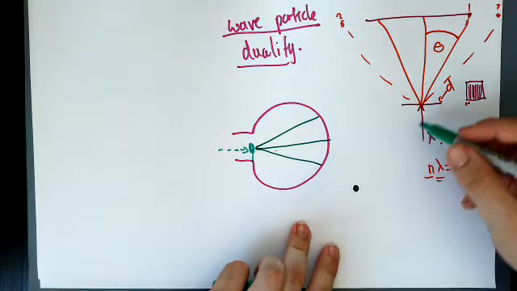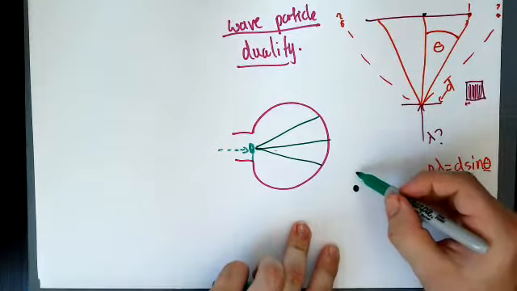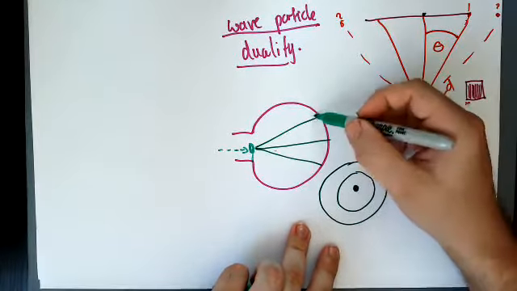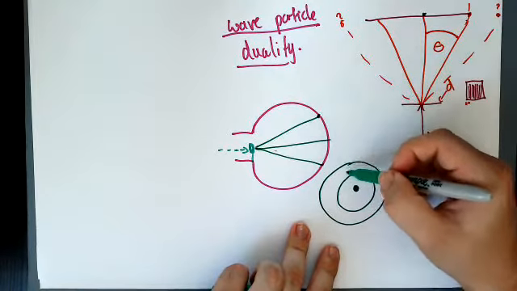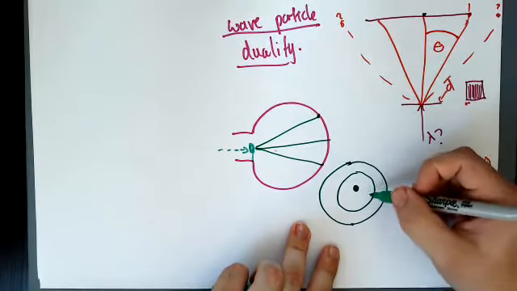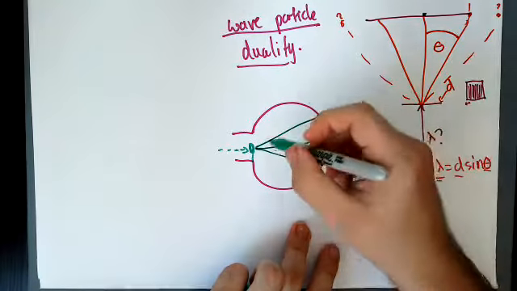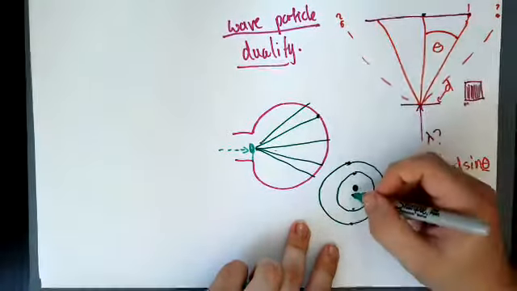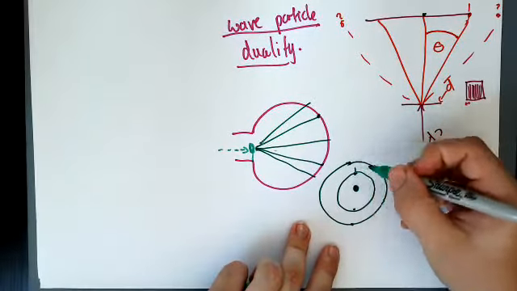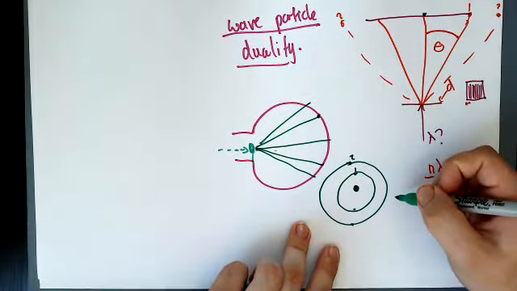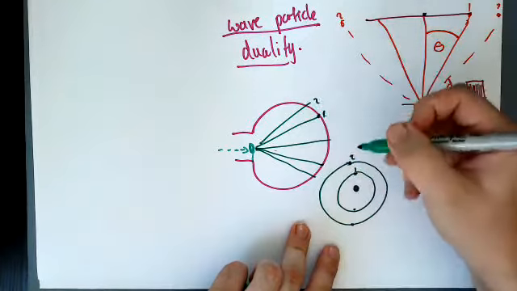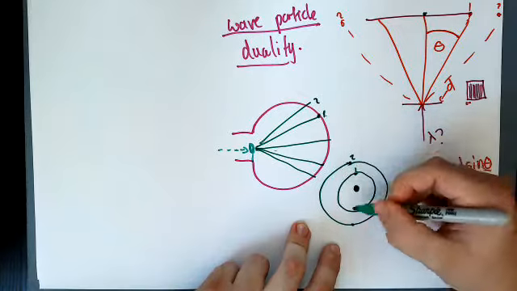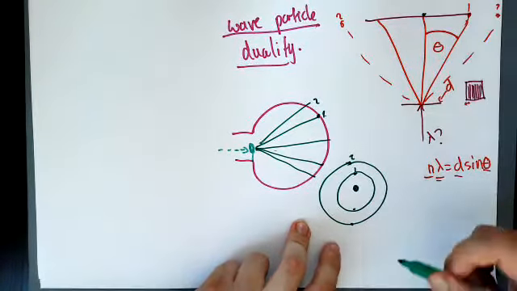We have a central maxima, the same way we do here, and then we have these circles on the screen, represented by these points here and here. Because obviously you might have two sets. And in the same way, these are orders: this is your first order and this is your second order. Now the difference is this diffraction pattern is a circle instead of spots as we had up here.